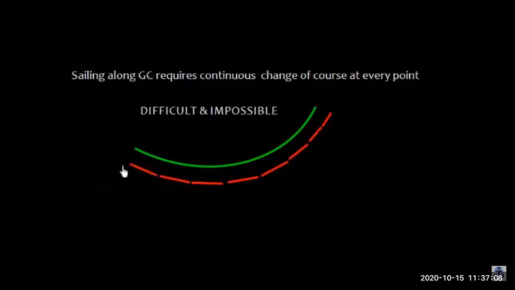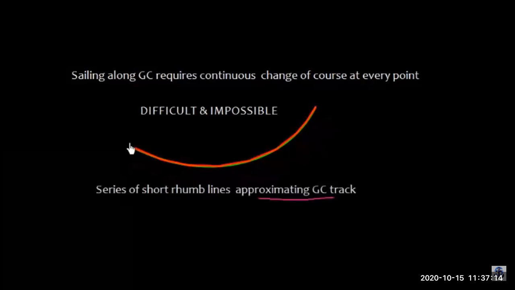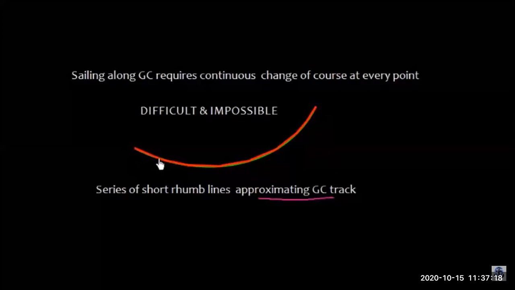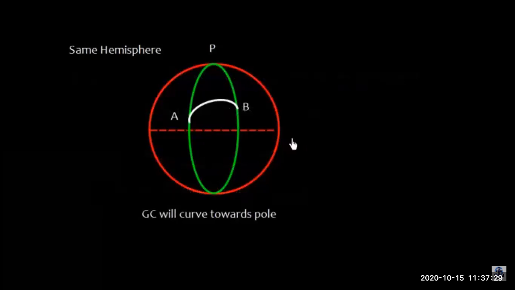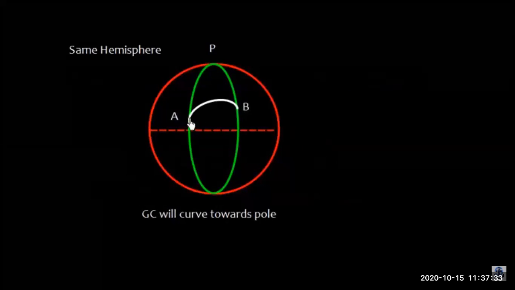Suppose we divide them at every 10 degrees of longitude. We join this series of longitudes, steer a course for some time, and then change the course. Like this, we do great circle sailing by dividing it into a series of rhumb line tracks, because on a Mercator chart, we can only plot rhumb lines.